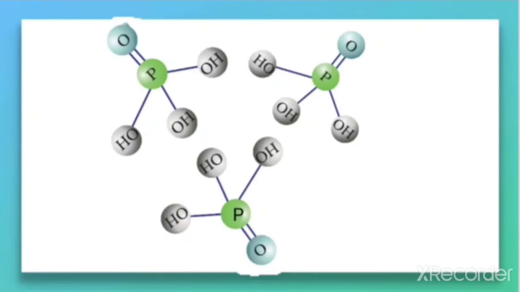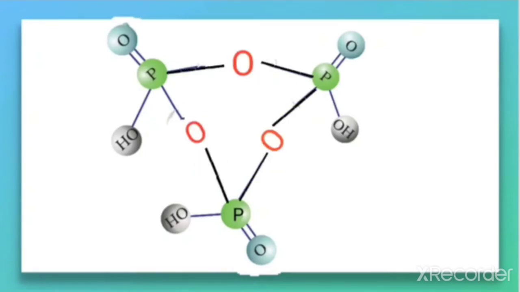Now here, remove water from here, remove water from here. When water is removed, one O is remaining here, one O is remaining here, one O is remaining. So you will be getting the structure like this. This structure is a cyclic structure, which is called cyclotrimetaphosphoric acid.